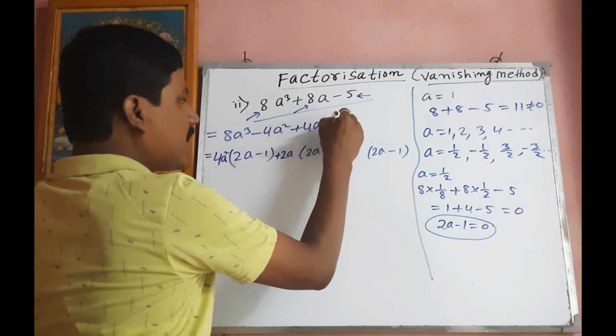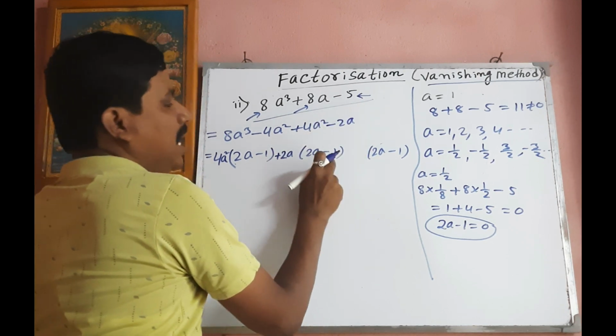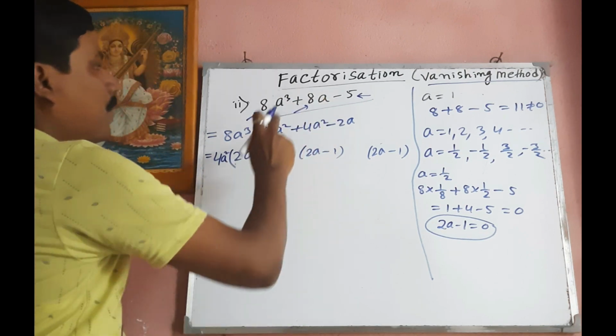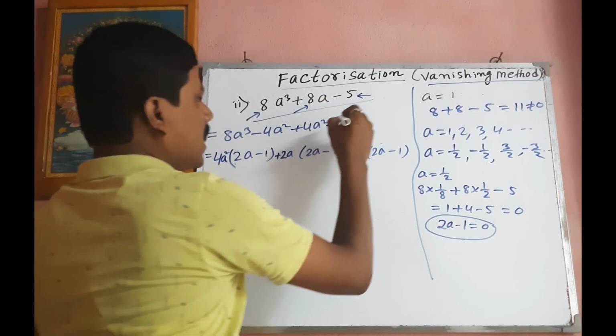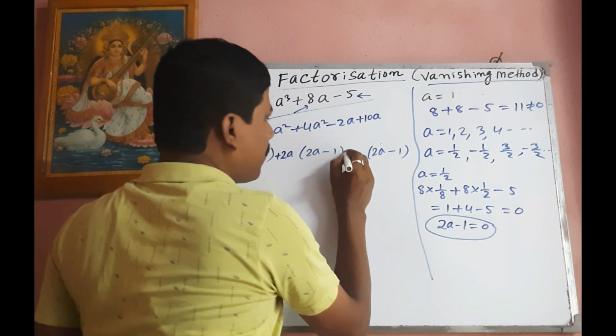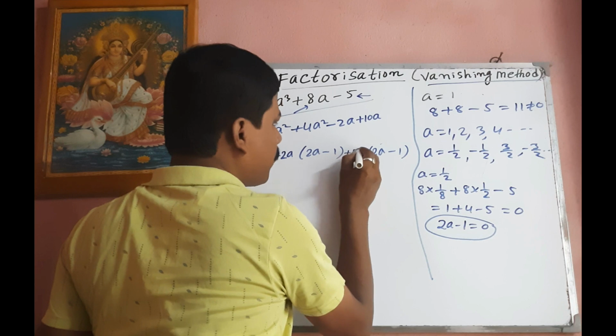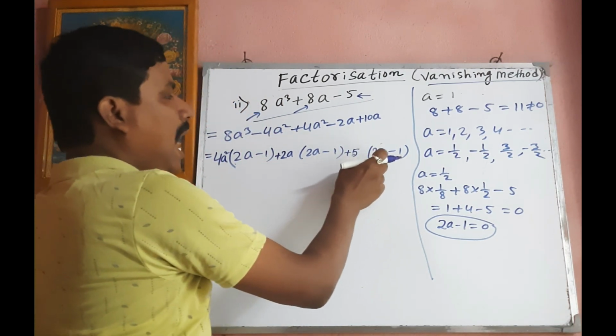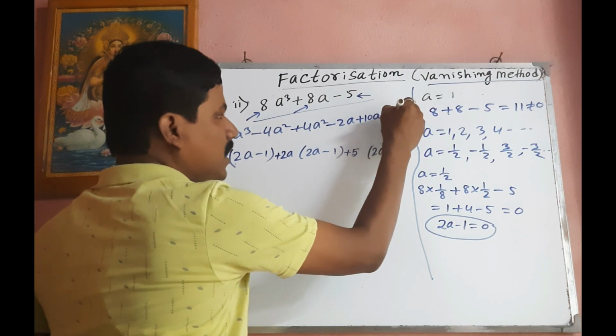And additionally we get minus 2a when you multiply this. But we need plus 8a. So we have to put plus 10a. Then we have to put here 5. That is 5 into 2 is equal to 10a, and additionally minus 5 is there.